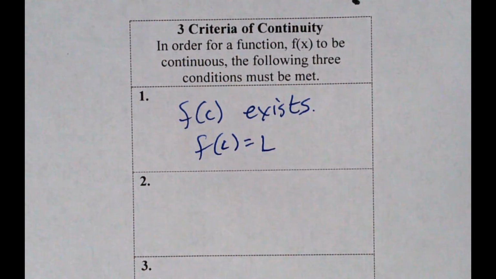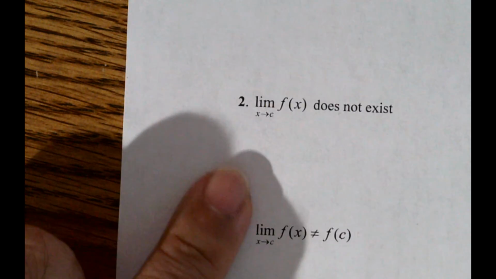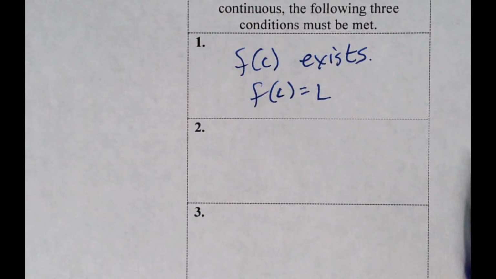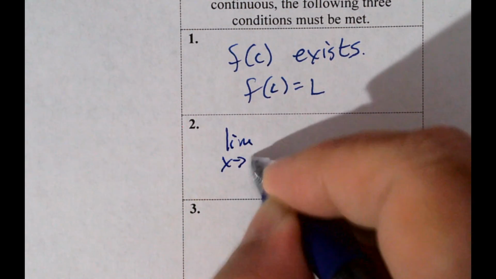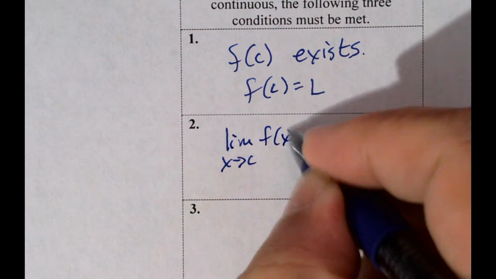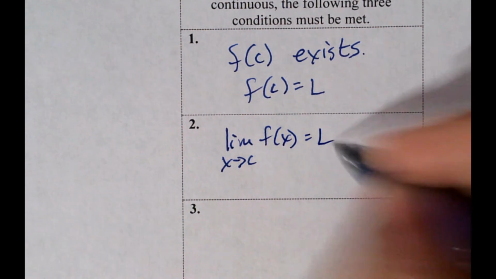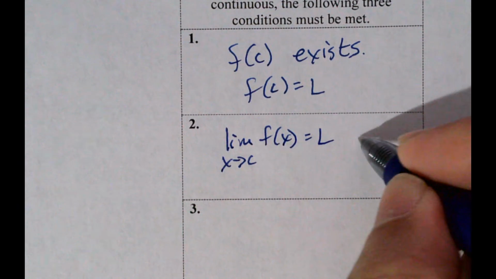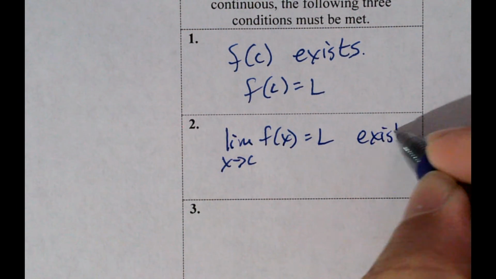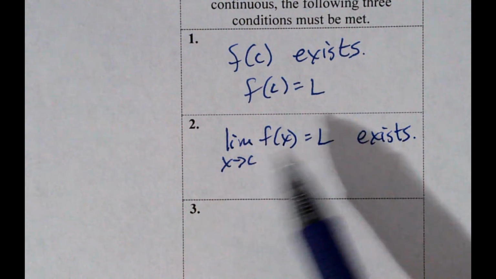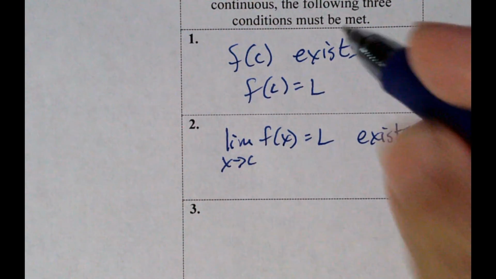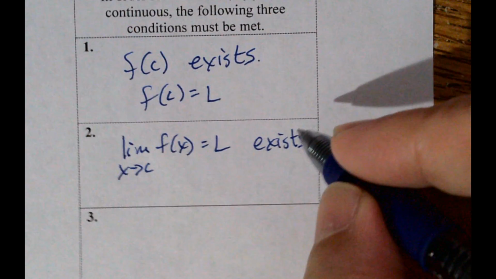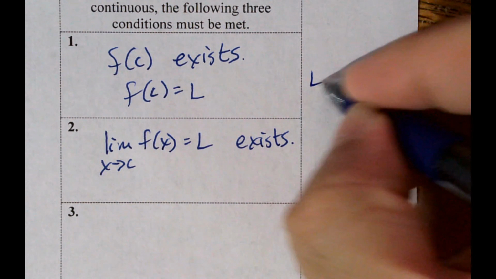Number 2, the opposite of this, the limit must exist. We say the limit as x approaches c of f of x exists, or let's say it's equal to some number. Remember, for a limit to exist, it has to be a number. L is some number.